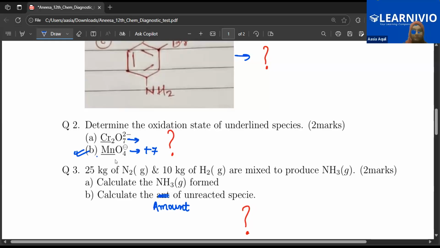Ma'am, what would be the overall charge? Overall charge is 2 minus, means -2. Just put it equal to -2. Whatever the overall charge, just put it equal to that.